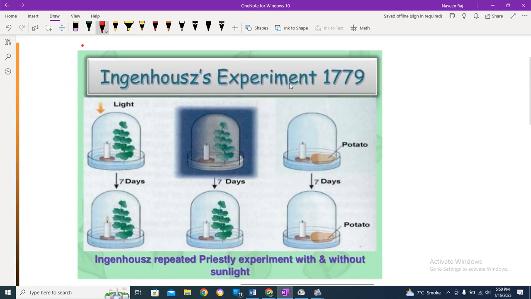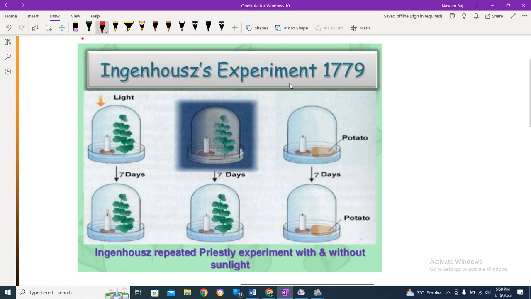He took a plant that was in the light, and at the last it is written that Ingenhousz repeated Priestley's experiment with and without sunlight. This is the conclusion. He repeated all of Priestley's experiment, but the change he made was to use sunlight and no sunlight, and the experiment was performed in 1779.